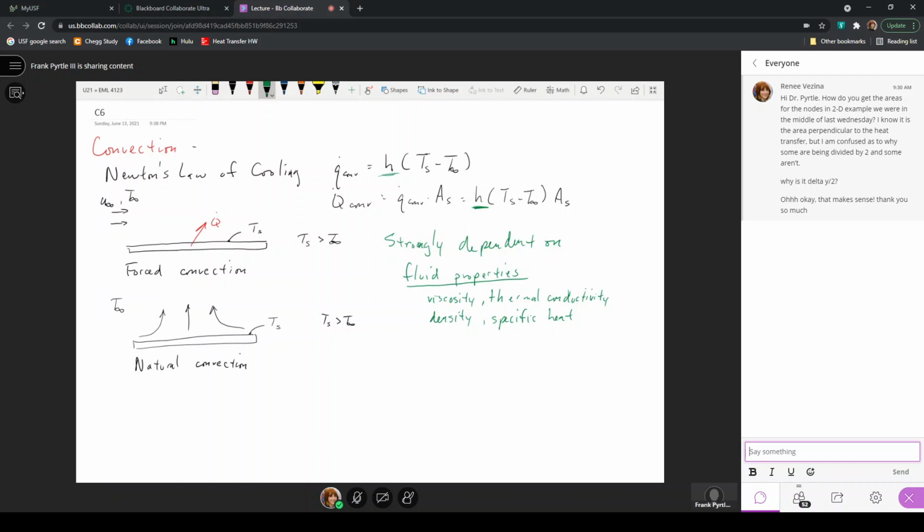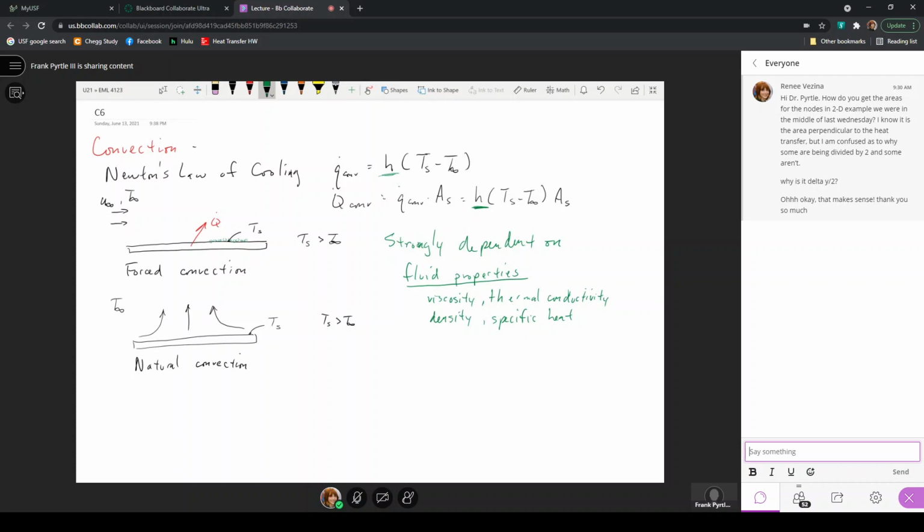So even when we're talking about going back to hydrodynamics, when you have a turbulent flow, right next to the surface, you also have what's usually referred to as a laminar sublayer. And at the bottom of that laminar sublayer, where we would have molecules of fluid right next to the surface, heat transfer has to occur by conduction through that stationary set of molecules that are actually attached.